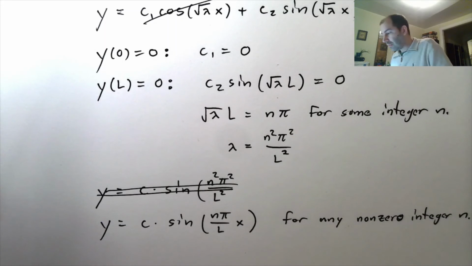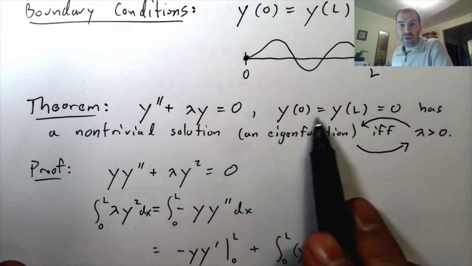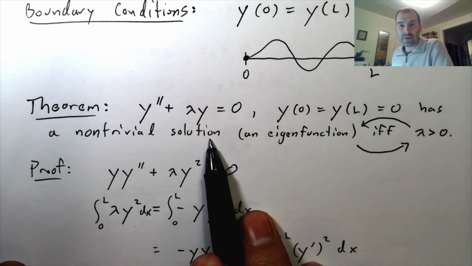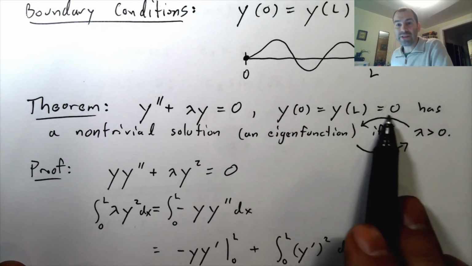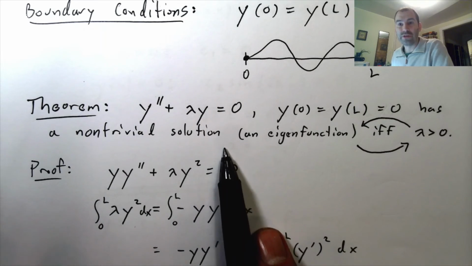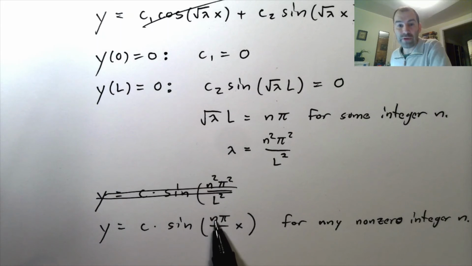So we've proven both directions of the theorem. We've proven that if we have a non-trivial solution, then the eigenvalue must be positive, and if the eigenvalue is positive, we have a non-trivial solution. In fact, we have infinitely many, one for every integer n.